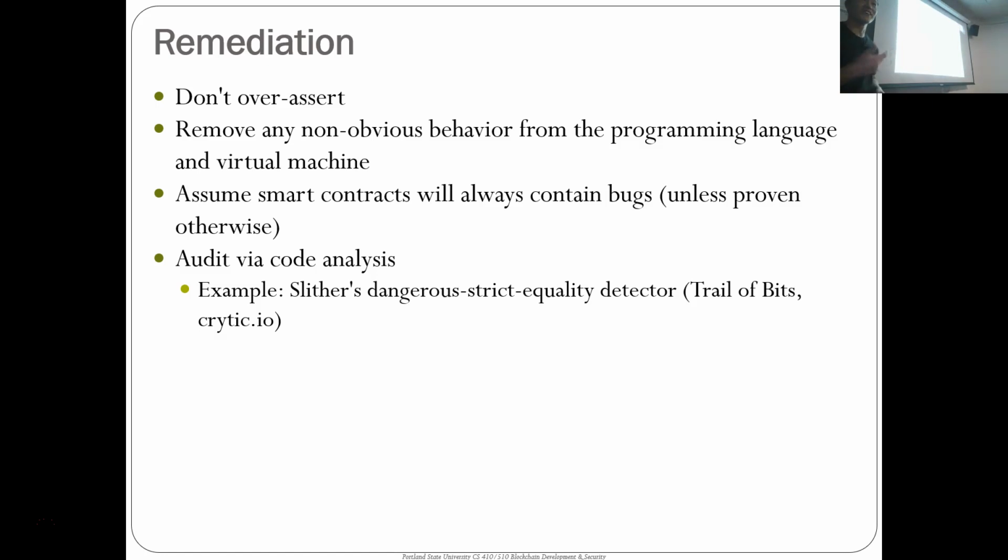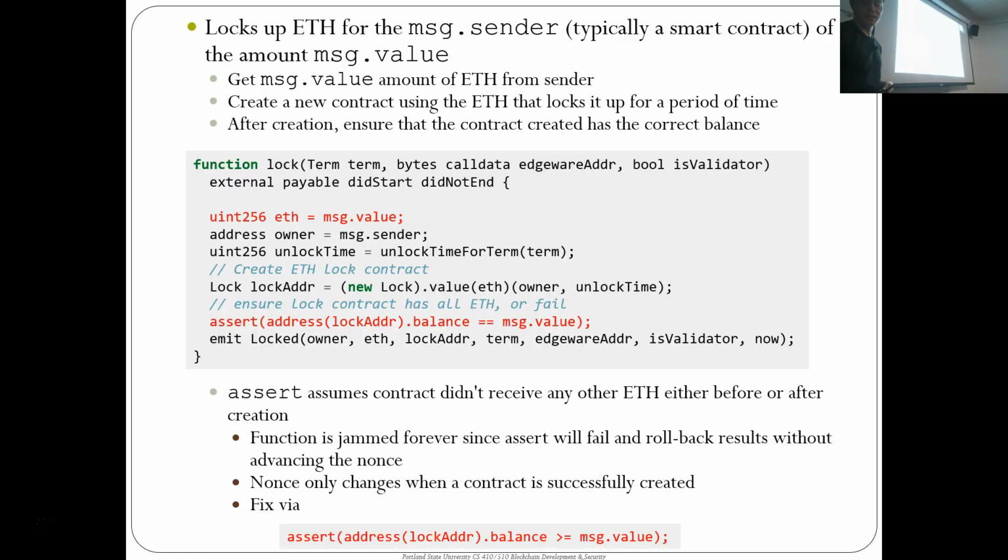Yeah? I was wondering about that assert on the previous page. What is the purpose of doing that assert after you create the new contract? Just to make sure that the new contract was correctly created. That's one easy check to make sure that the lock contract was created successfully.